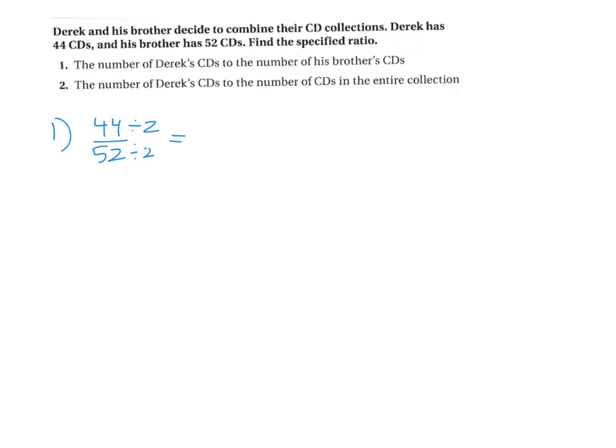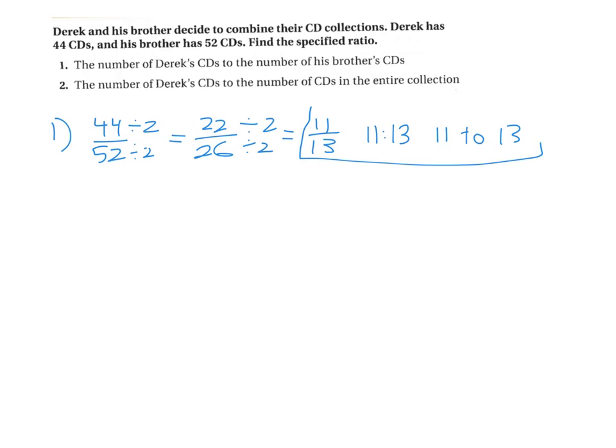So that gives me 22 over 26, and actually I can divide these by 2 also. So that gives me 11 over 13. I probably could have just divided by 4 at the very beginning. So we've got 11 over 13. We can write 11 to 13 using a colon, and we can write 11 to 13 using the word, right? So these are all valid answers.